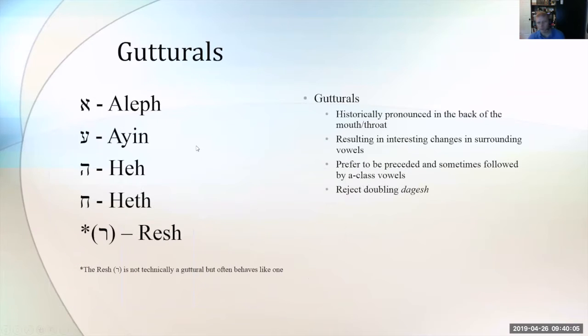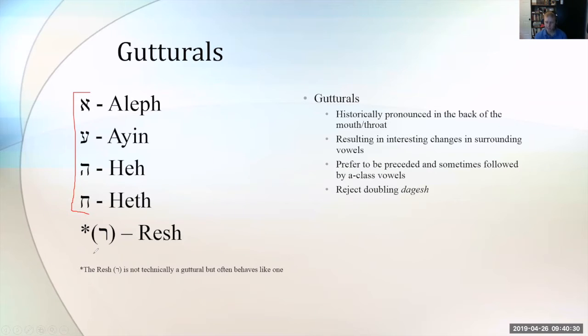Okay, now among these consonants that we have just looked at, there is a type of letter called a guttural. There are technically only 4 gutturals: the Aleph, the Ayin, the He, and the Chet. There is a 5th letter that is not technically a guttural, but you might as well memorize it as a guttural. It's the Resh.